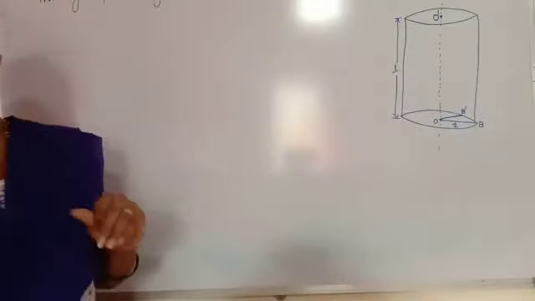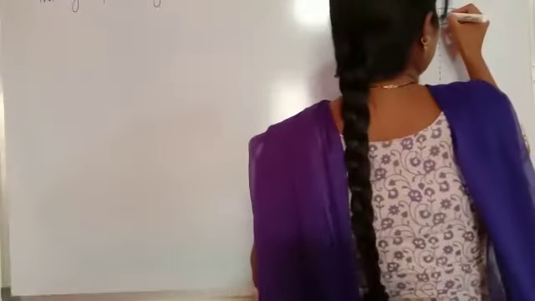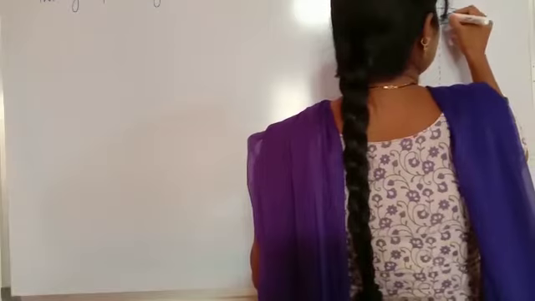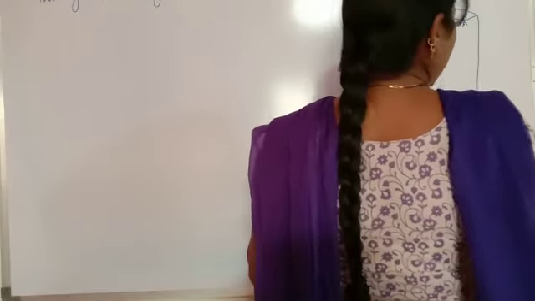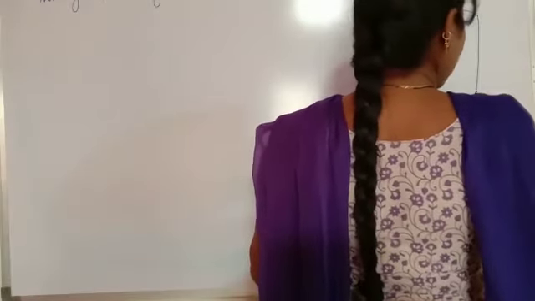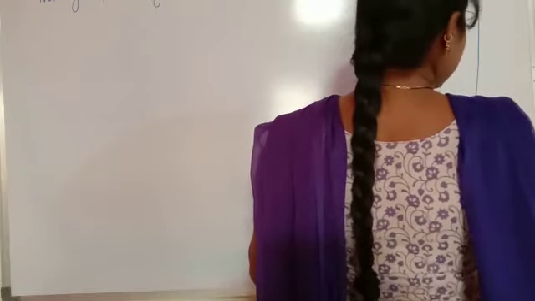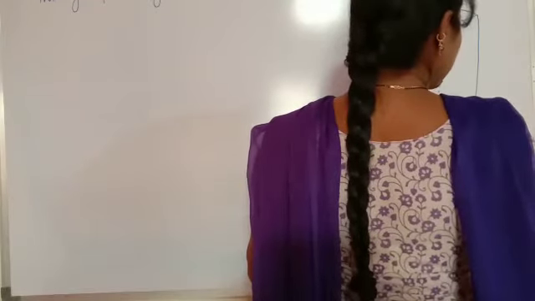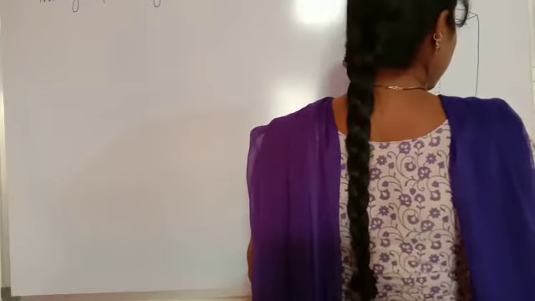So we draw a construction. So here, this is also the radius. This is the point A, and here we are joining. So we have changed the direction of this radius.